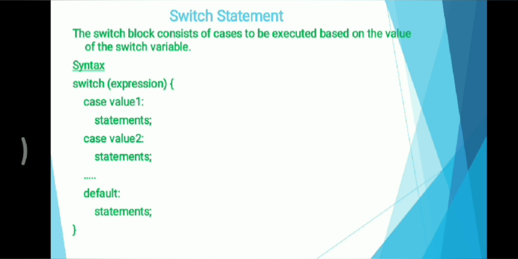Within this switch we can mention the case values. Finally we are giving the default statement. So if you are giving any value in the expression, that value is compared with all the cases, and if it is matched with any one case, that case will work. If it is not matched with any of the cases, finally the default statement will work.